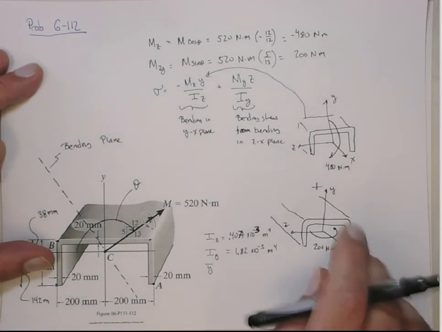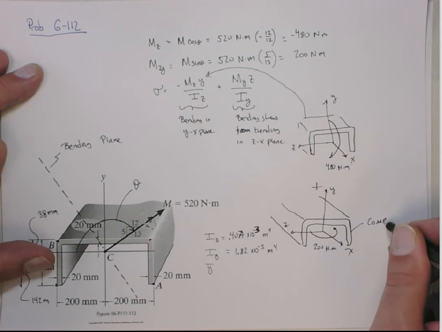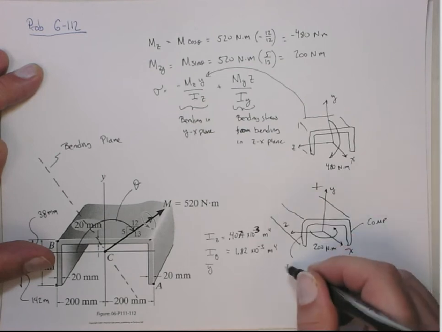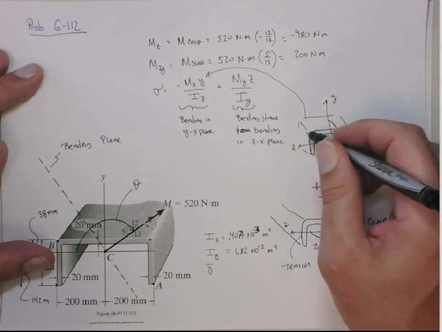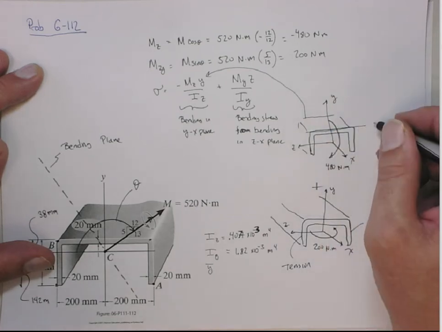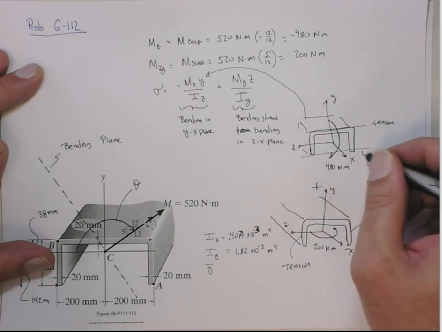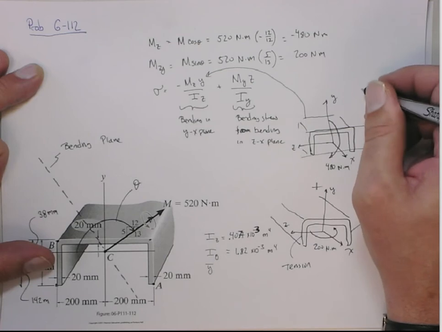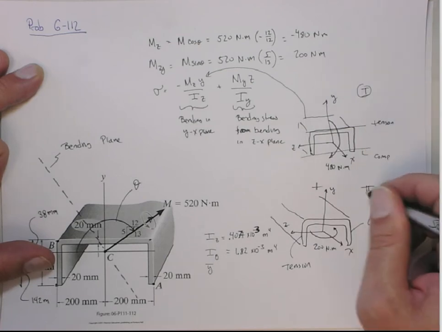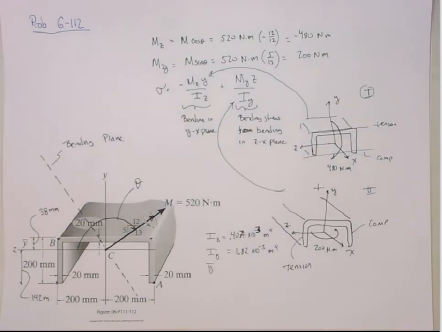So this is the one that puts this side into compression, and this side will be in tension. Likewise, this one will put this edge in tension, and this edge in compression. Call this 1, and this is 2. So this is the picture. This gives us that stress, okay? And that's all that equation is doing, just adding those two cases together.